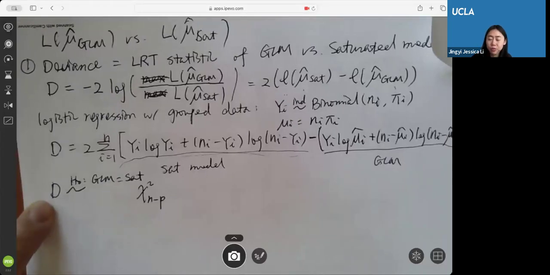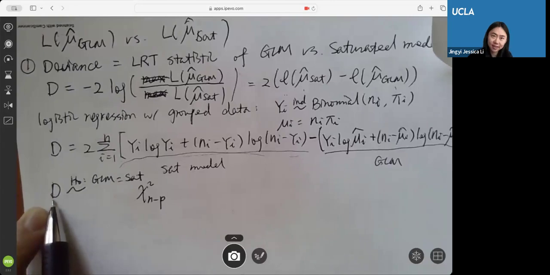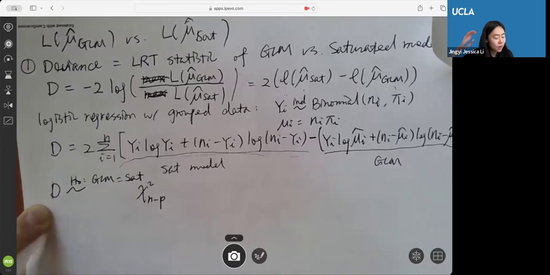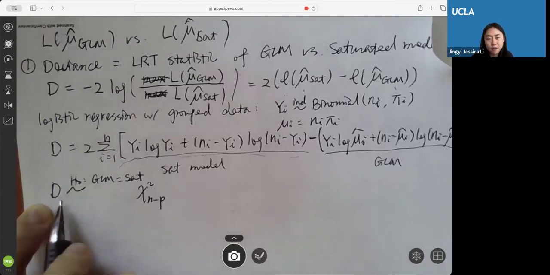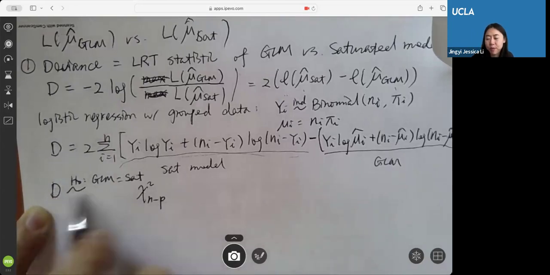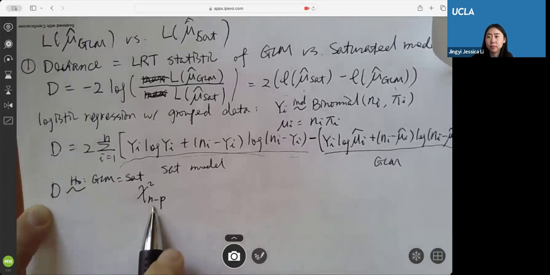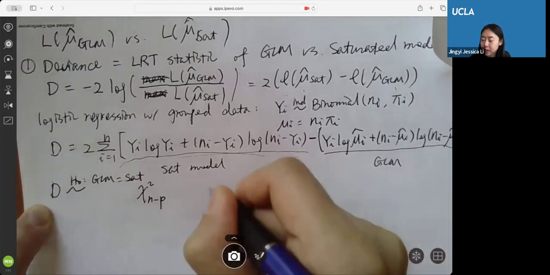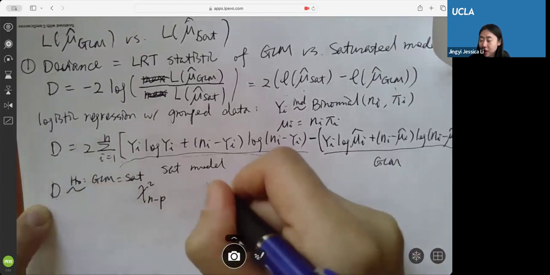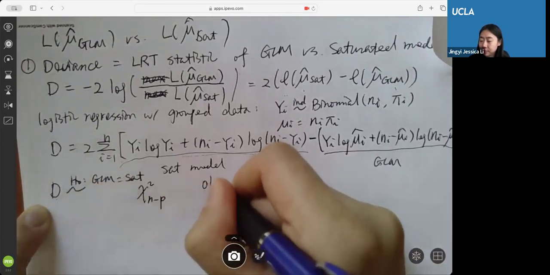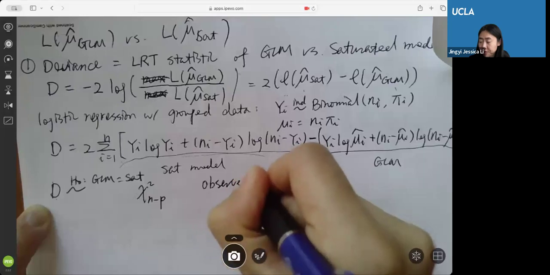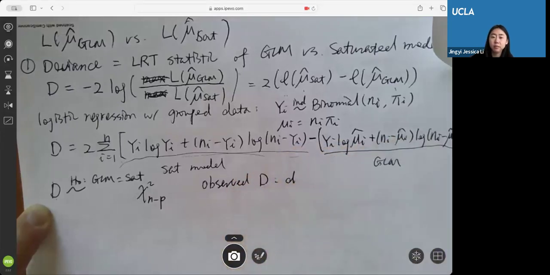So how do we say the deviance is too big, too big to say that the goodness of fit has failed? How can we convert this to a p-value? We basically take the right tail probability of this null distribution. Suppose that the D we observe, let's call it small d.